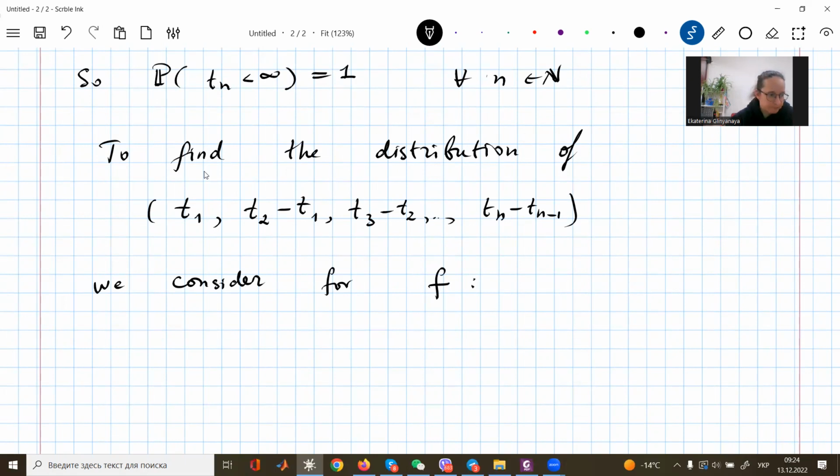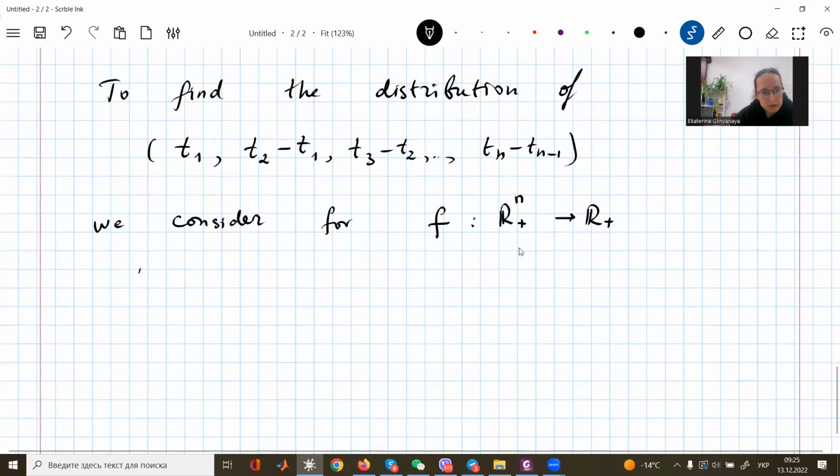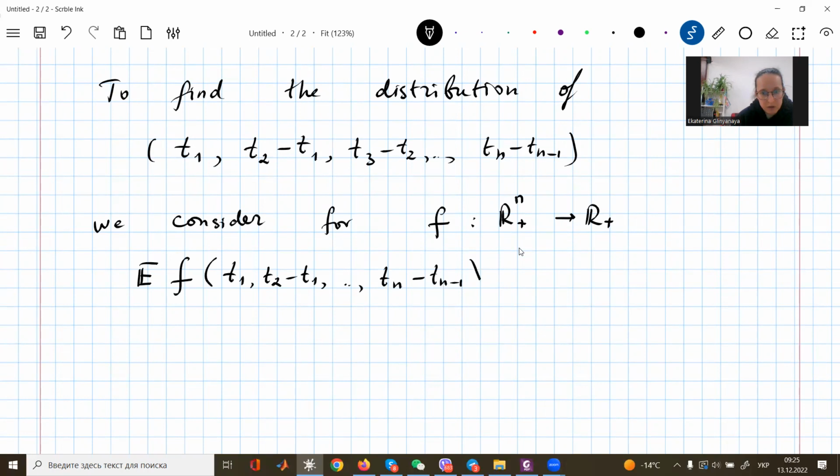So I consider f that acts from R plus to the power n to R plus. So this is a non-negative measurable function of n variables. And for such function, we consider its expectation of the random values, T1, and so on, Tn minus Tn minus 1.